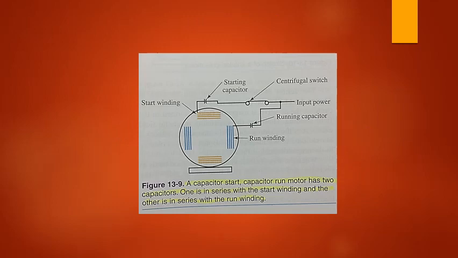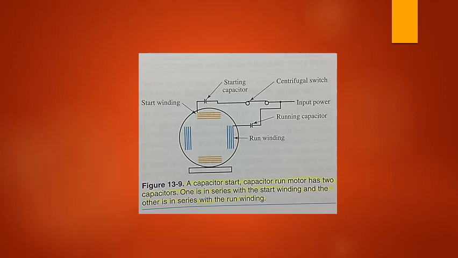The capacitor start capacitor run motor. The capacitor start capacitor run motor is designed for heavy mechanical load conditions when only single-phase power is available. It is similar to the capacitor start motor, but this motor uses the same size wire on the starting winding and the running winding.